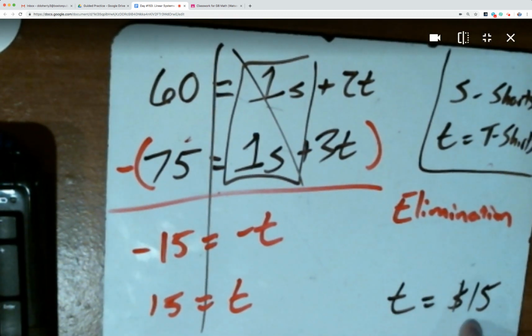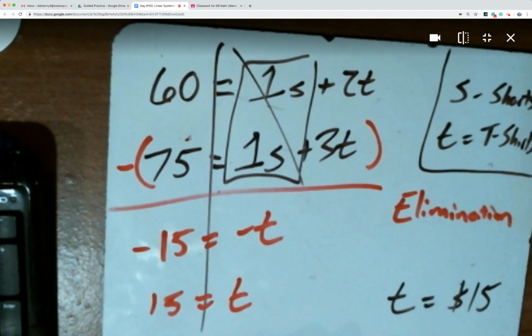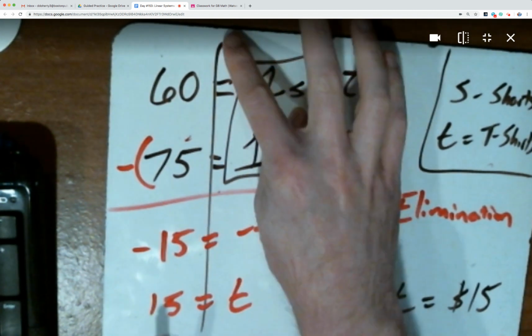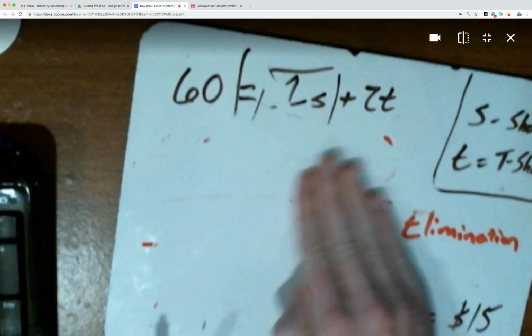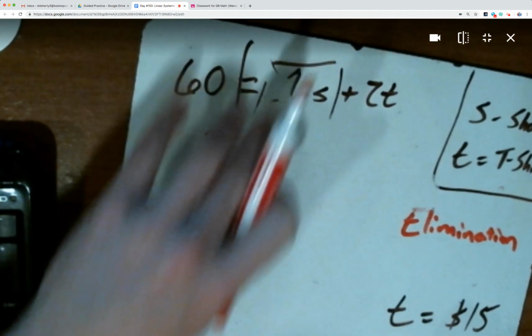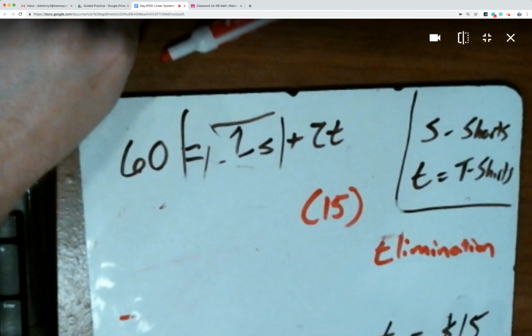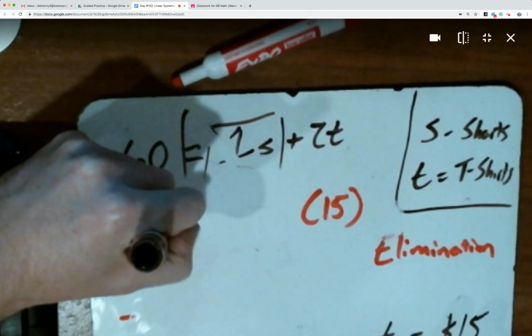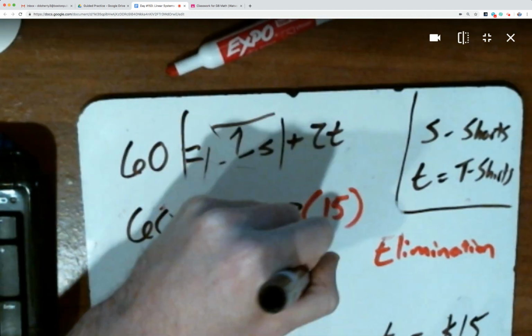Once I know t-shirts are $15, remember they want to know ultimately the cost of shorts. So at that point, I would go back to this original equation. 60 equals 1S plus 2t, and if each t-shirt cost me $15, then I know that $60 came from S plus 2 times 15.